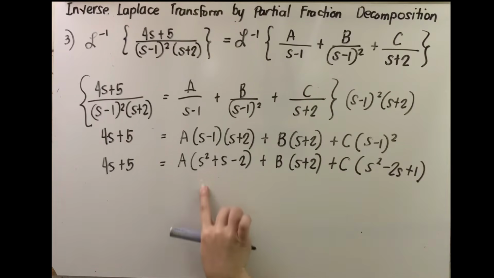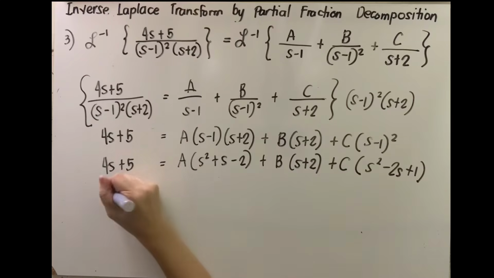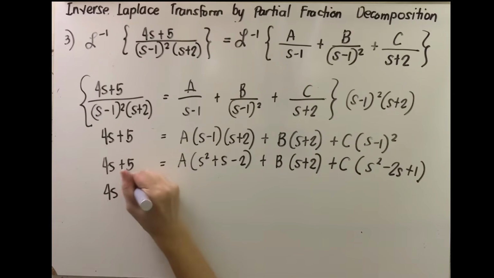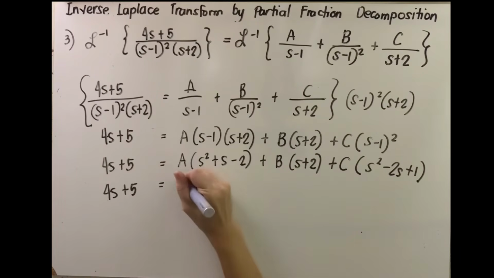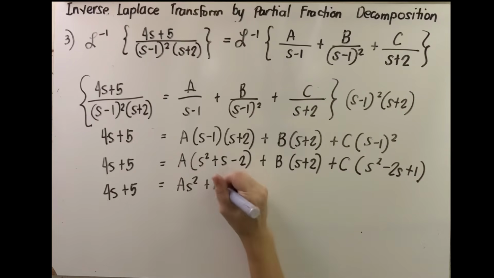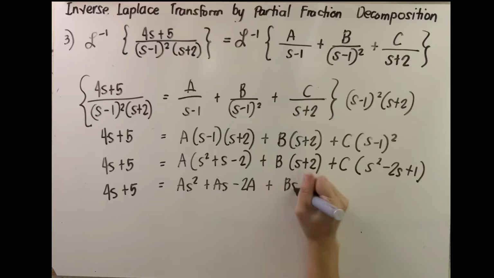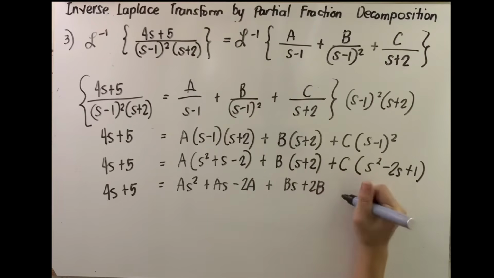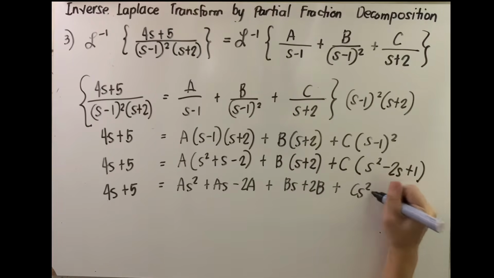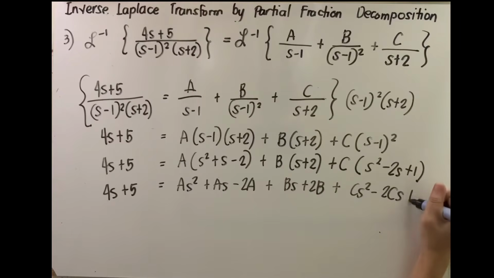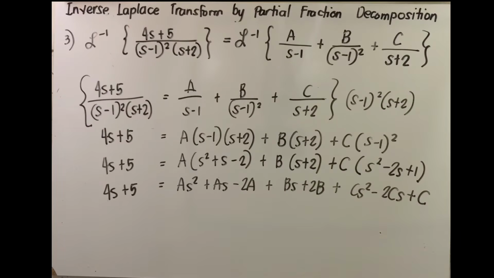And then, I'll distribute the ABC terms. So, you have 4S plus 5 equal to, distributing, you have AS squared plus AS minus 2A plus BS plus 2B plus CS squared minus 2CS plus C.